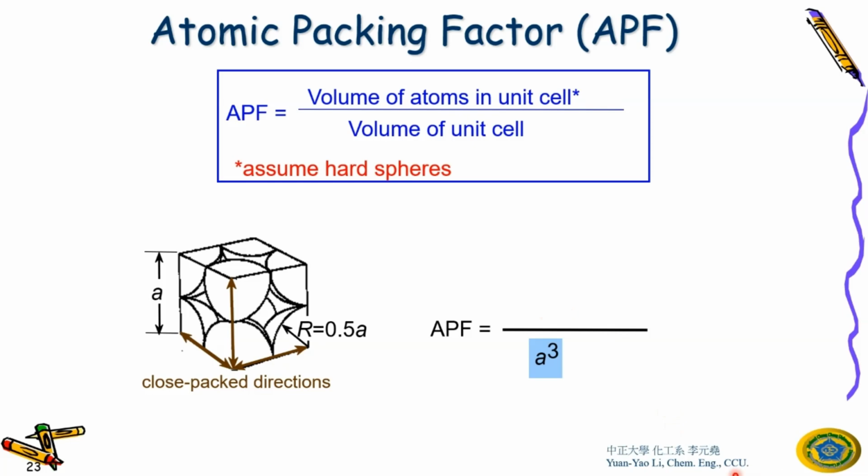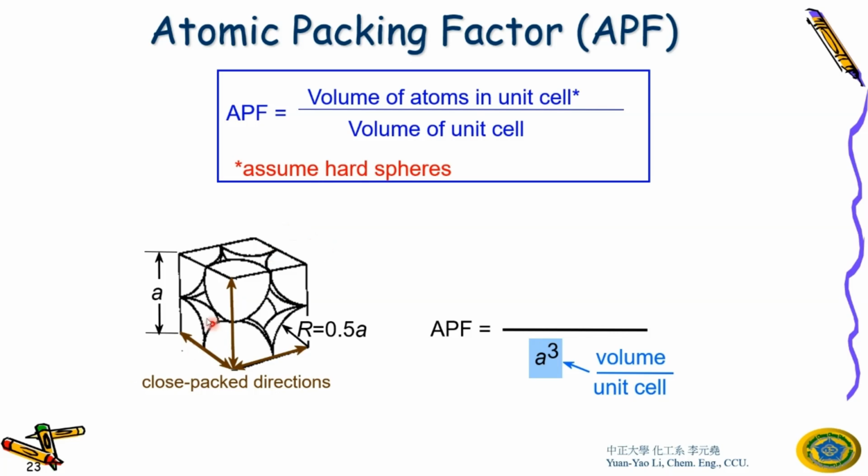How about the volume of the atoms in the unit cell? You know how to calculate the volume of a sphere, right? And how many atoms are in this unit cell? A 1, B 2, C 3, D 4. How many atoms in this unit cell? 1, right?